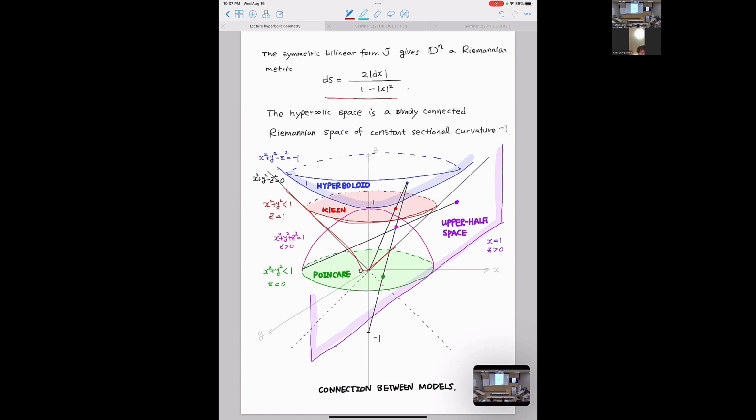If you normalize the negative vectors to have norm -1, then you can see the hyperboloid model, the blue one.